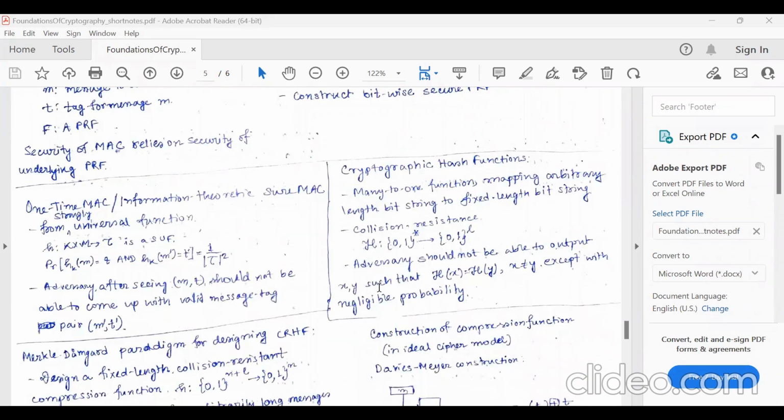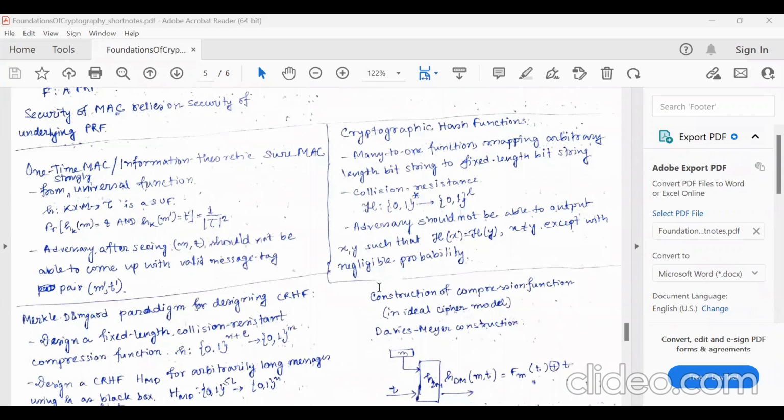So next we talk about one-time MAC, or information theoretic secure MAC. We have seen in the normal MAC construction that the adversary will query the MAC oracle for several messages of its choice, and it can see message-tag pairs polynomially many times.